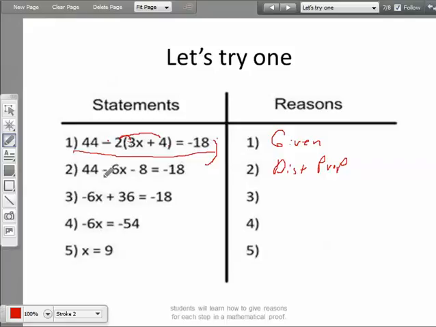And then let's look here. The 44, well, it's not in the next statement. The 44 and the 8 had to be combined together. So what we're doing there is we're combining like terms or simplifying. S-I-M, simplifying, or combining like terms.